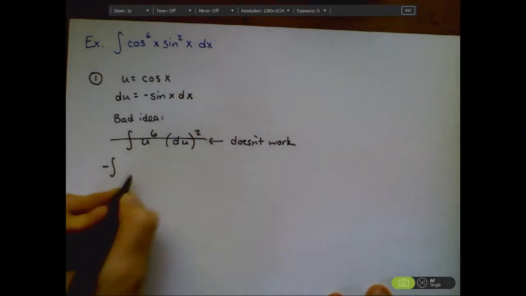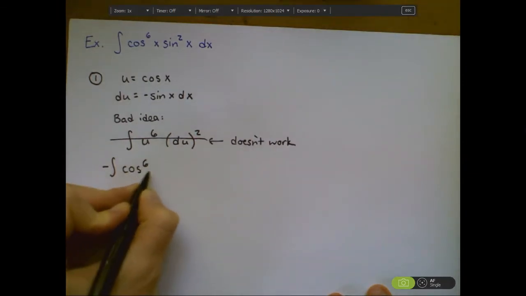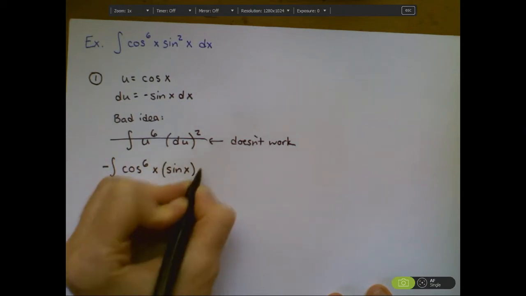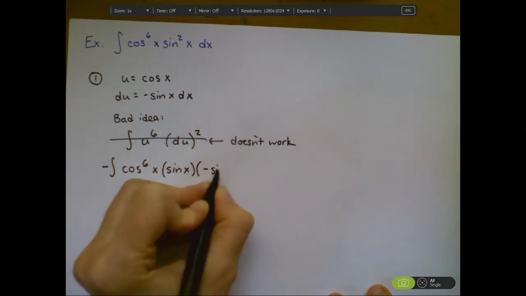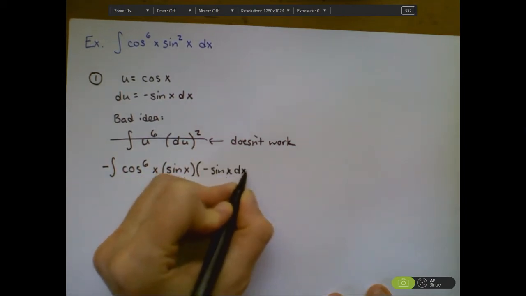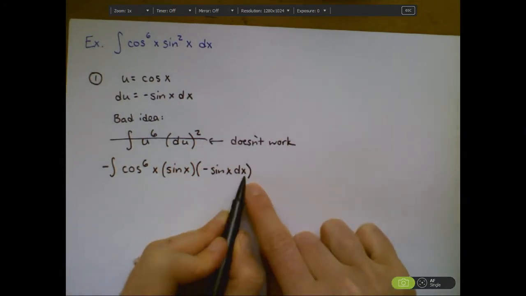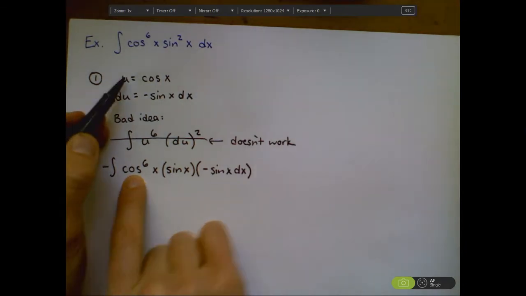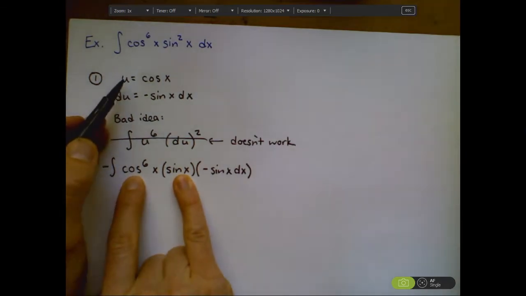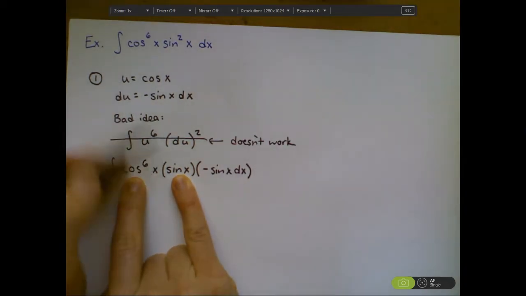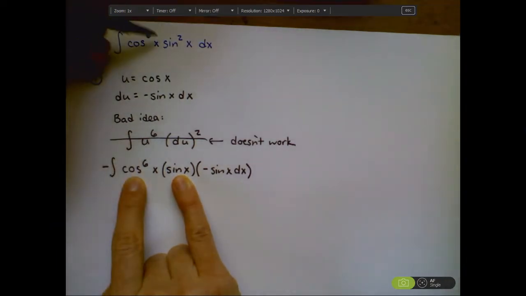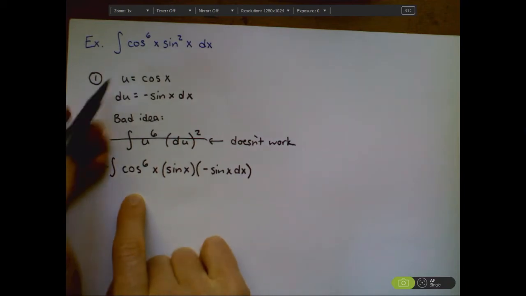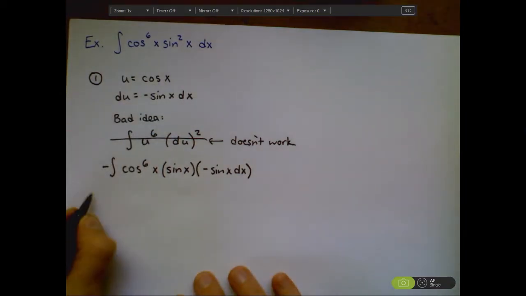So I'm going to make this negative and have cosine to the 6th x times sine of x times negative sine of x dx, because now this whole chunk is my du and my cosine is my u, but then I have this extra sine piece left over that there's really nothing I can do with, and it comes from the fact that this sine is raised to an even power. So this u isn't actually going to work.